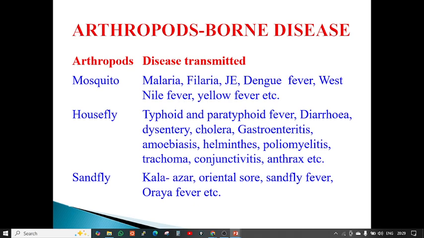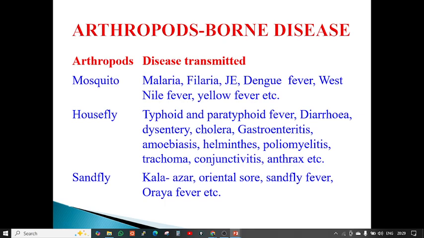Similarly, the housefly also carries different viruses and bacteria. It can sit in dusty areas and then sit directly on your food, or indirectly we ingest these: typhoid, paratyphoid fever, diarrhea, dysentery, amoebiasis, helminthiasis, trachoma, conjunctivitis, anthrax, etc. These are the various disease-causing bacteria, but due to the housefly they can spread from one place to another, because these are transmittable diseases.